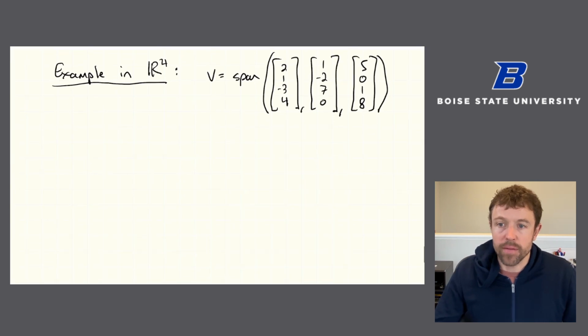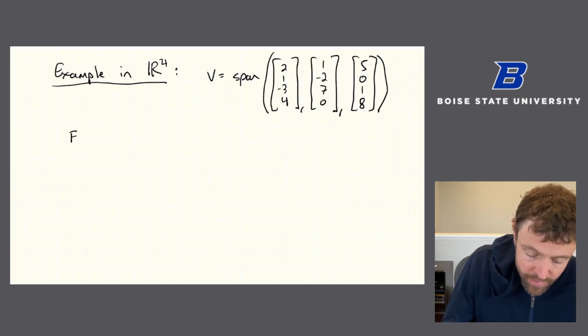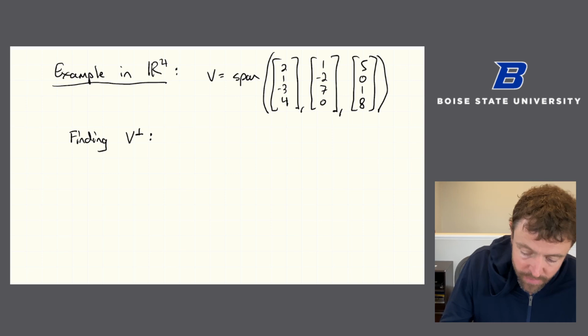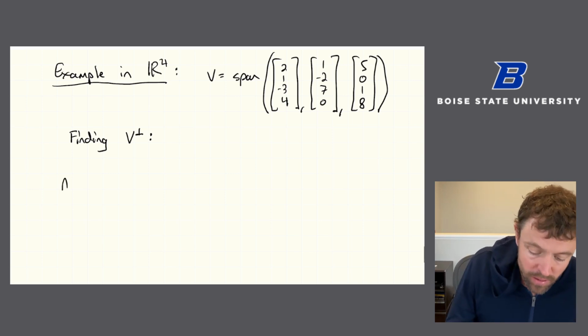And so I want to find V perp. So I'll put these vectors as the rows of a matrix.